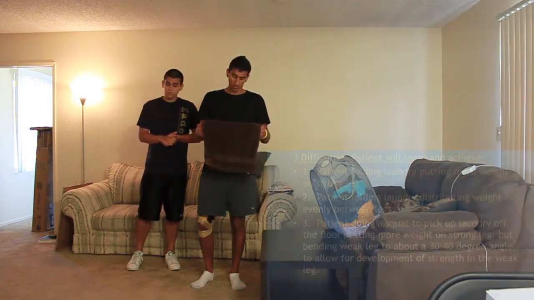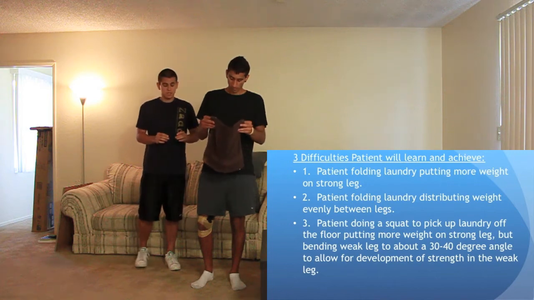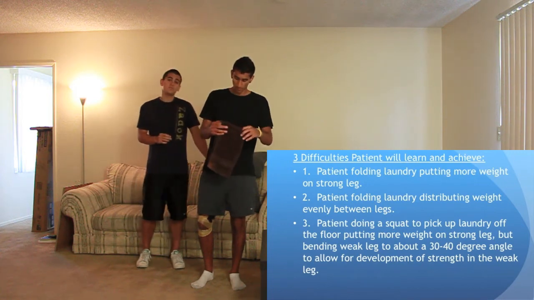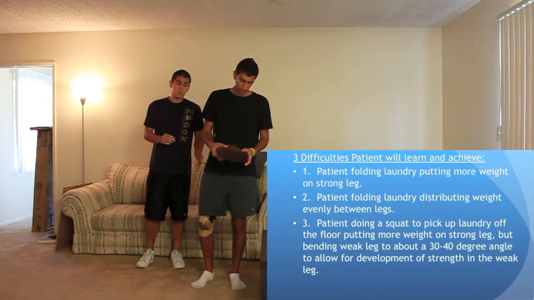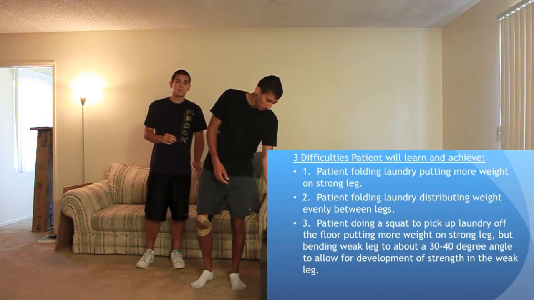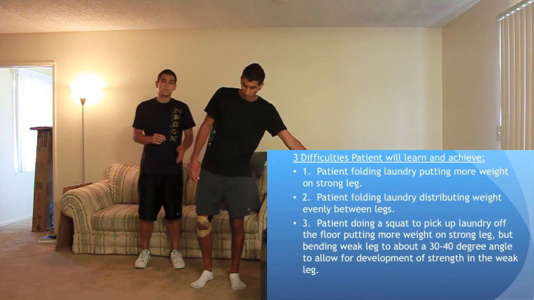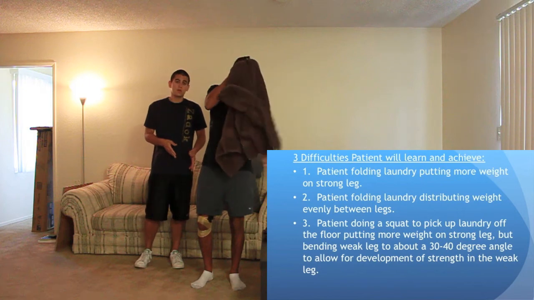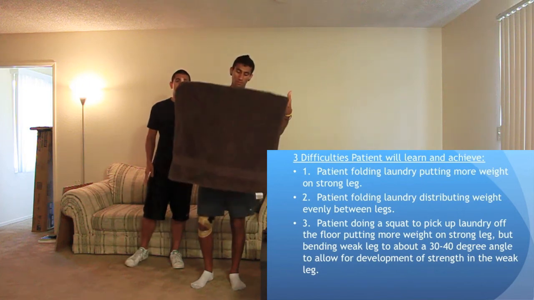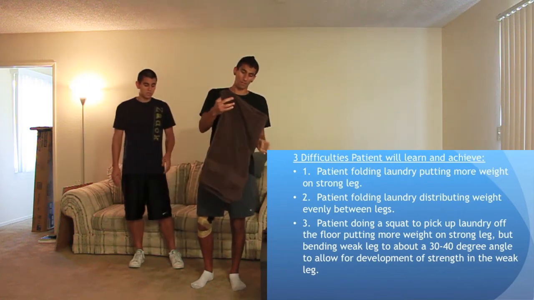So as you'll notice on the first difficulty phase, he's going to have 80% of his weight on his strong left leg in this case, and 20% on his weak right leg. This is going to make it the easiest for him with regards to weight distribution and the amount of fatigue his right leg will feel after a given period of time.